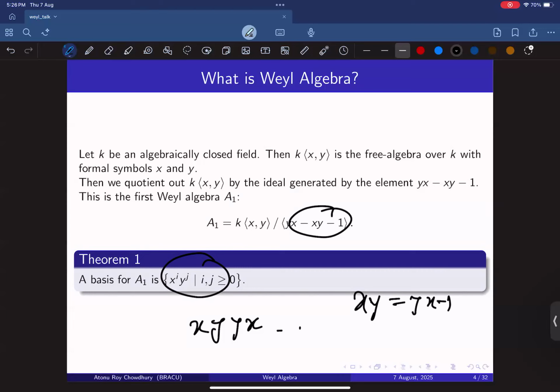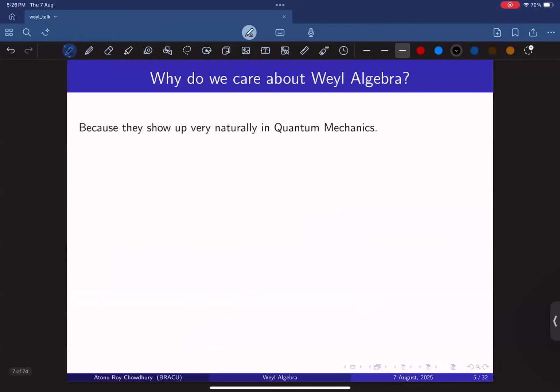One question that one might have is, why do we care about the Weyl algebra? What's interesting there? The thing is, the Weyl algebra pops up very naturally in quantum mechanics. Why? Because in the Weyl algebra, yx minus xy is 1, or in other words, the commutator of Y and X is 1. Does this look familiar?